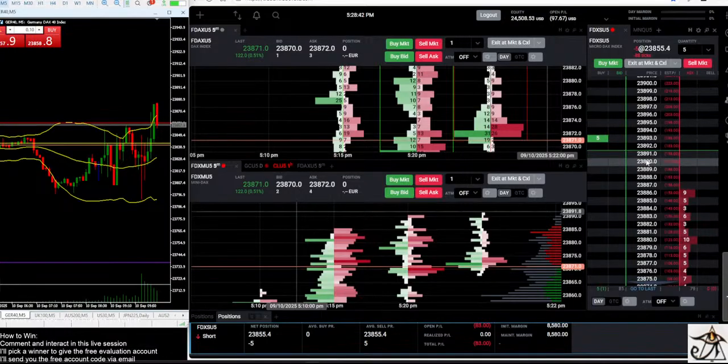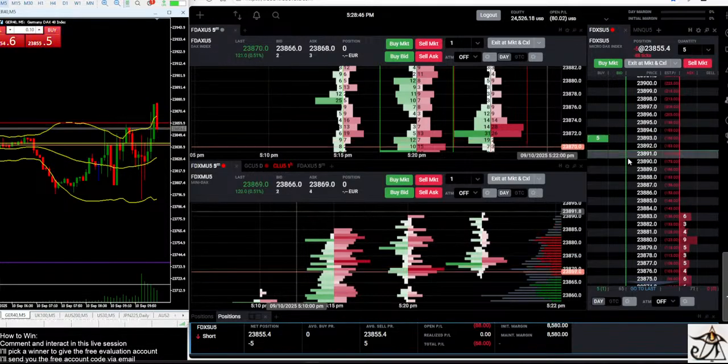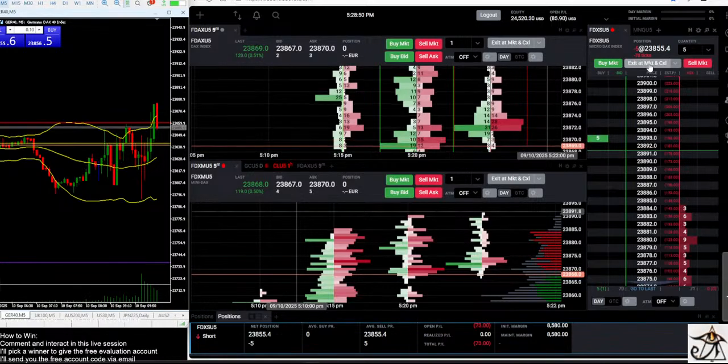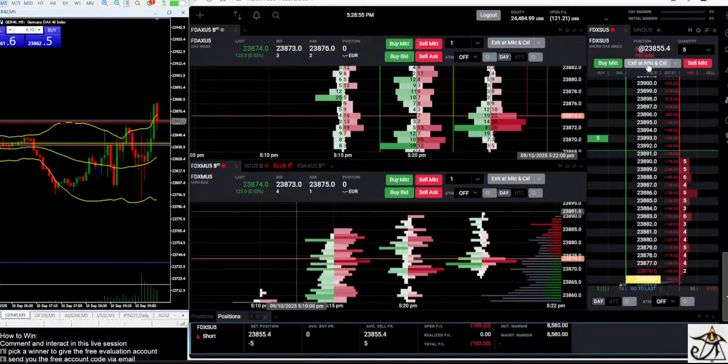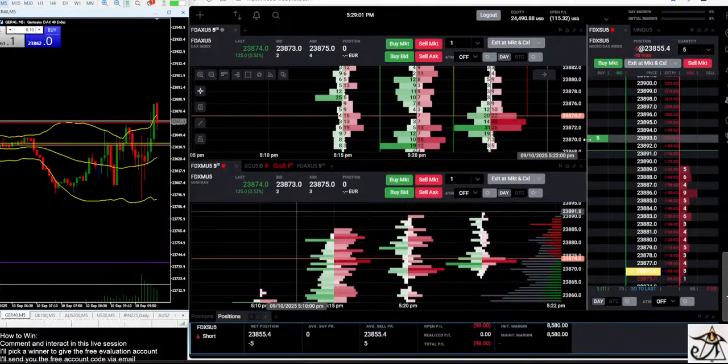If I forget about the order, I wouldn't even know that I was in the trade, which can be really costly. So at the end of each session, before I shut it down, I always hit exit at market and cancel. So it cancels any orders that I've put potentially as a stop or a target that I might have forgotten about along the way, or perhaps a misclick.